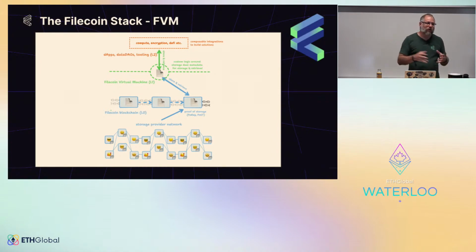You can also build some interesting DeFi use cases. So I mentioned before about how the storage provider has to put up some collateral, and the client puts up a fee that is paid out over time. So you can build things like loans that are collateralized on that future revenue that the storage provider will be receiving. So this is the equivalent of invoice factoring in the traditional business world, right?